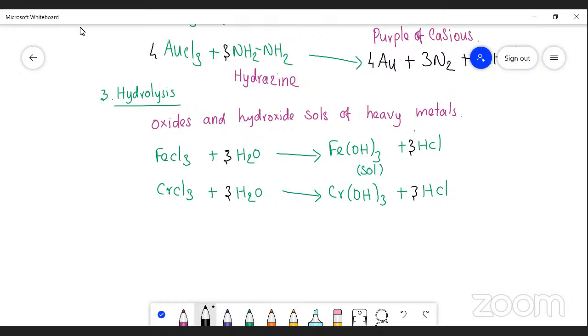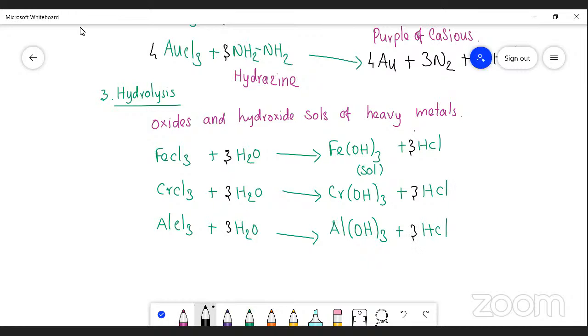In the same way we take antacids. What is an antacid? Aluminum and magnesium hydroxide act as antacids. Aluminum hydroxide is prepared by taking aluminum chloride reacted with 3 molecules of water, giving aluminum hydroxide and 3 molecules of HCl.